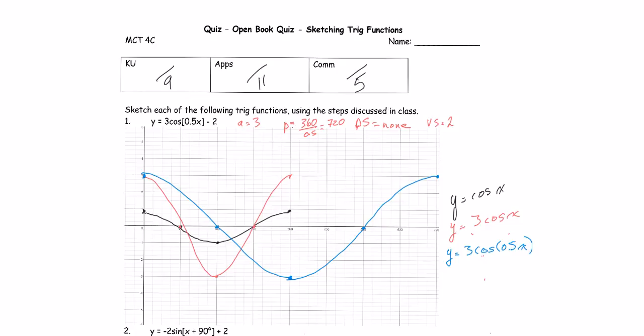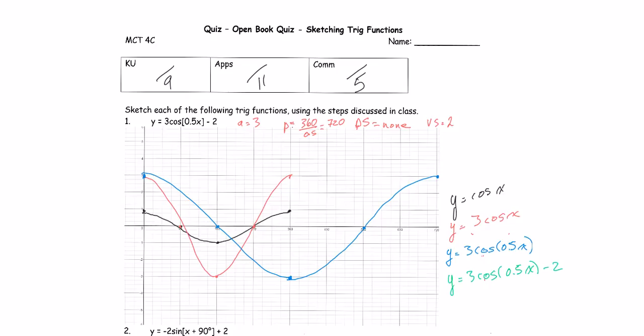And finally, we draw our final graph, which is going to be green. So our final graph is y is equal to 3 cosine of 0.5x minus 2. So this is what shifts down our graph by 2 points.